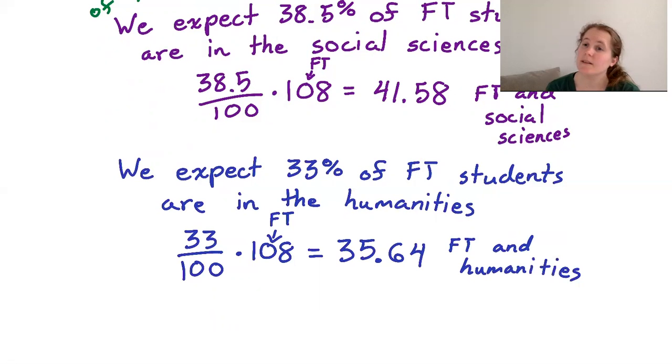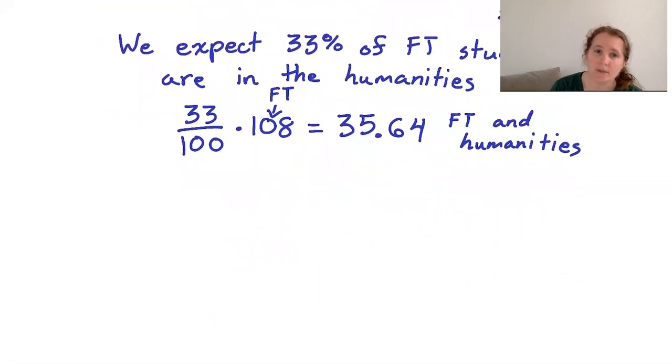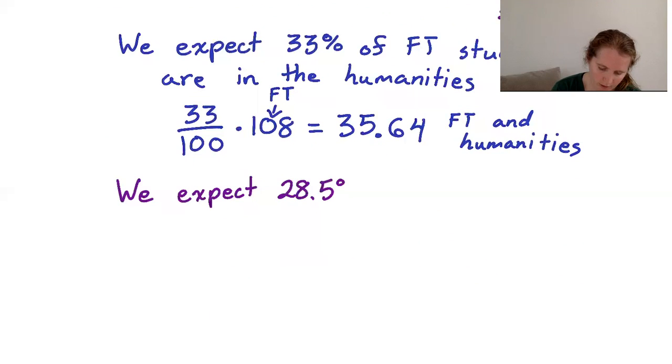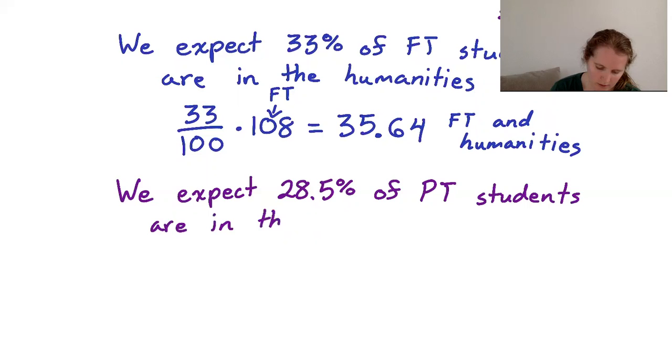And then we will do the exact same thing for the part-time students. So we expect 28.5% of part-time students are in the natural sciences.